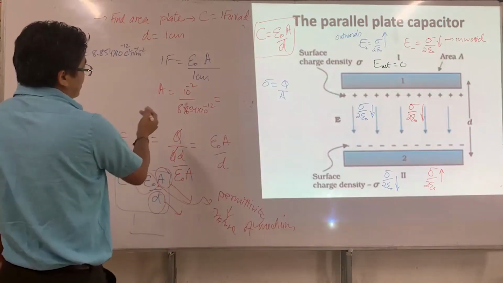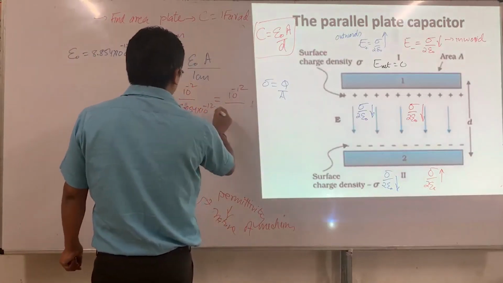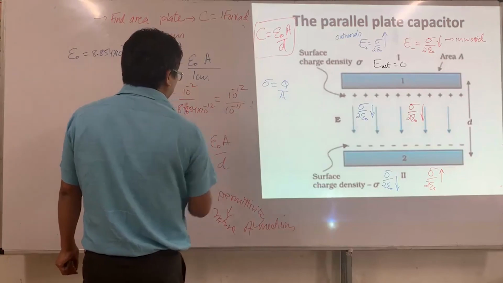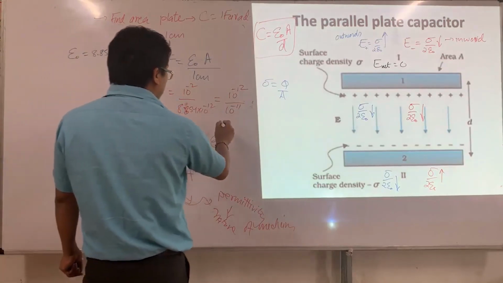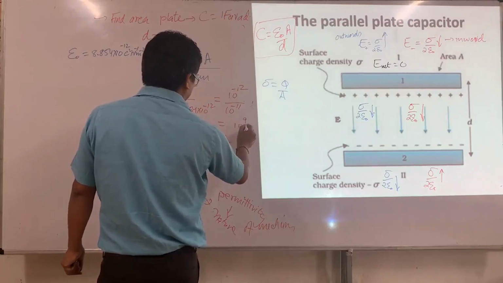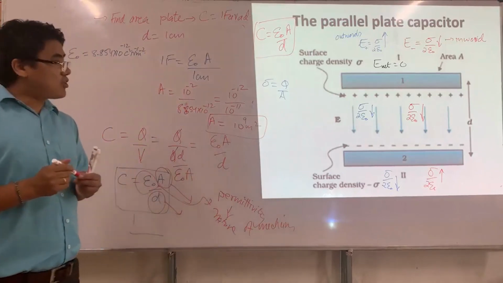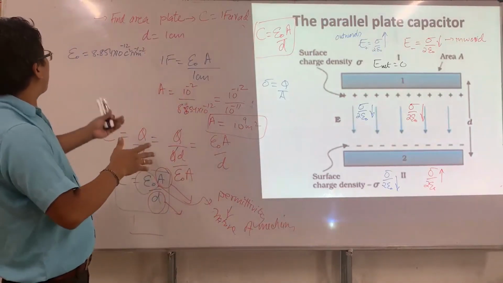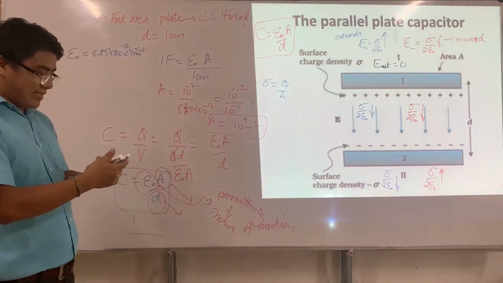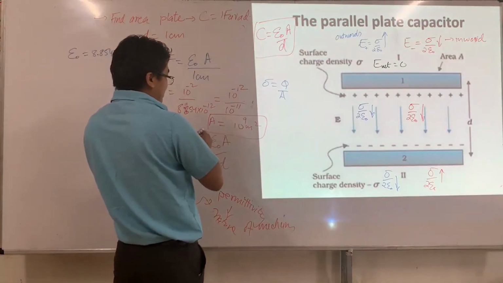Let's say this is almost 10, then this is almost 10 raised to 9 meters square. If I take a capacitance of 1 farad, then the area of a parallel plate should be this much.